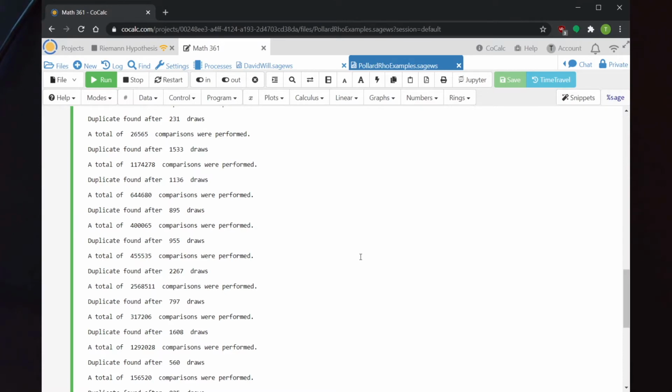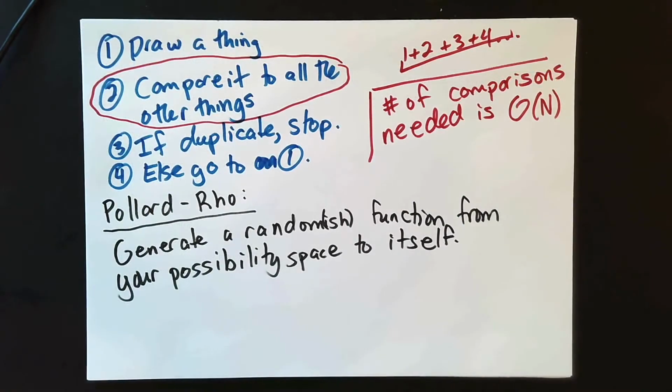So for Pollard rho, the thing that's going to be different is that rather than generating a random number one at a time, we're instead going to generate a random function that goes from our space to itself.